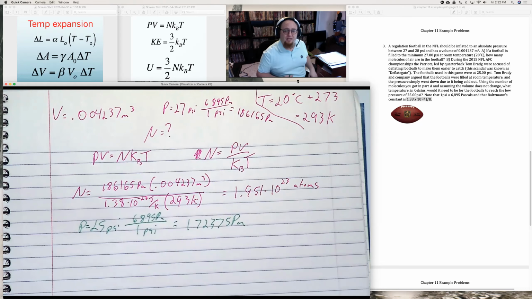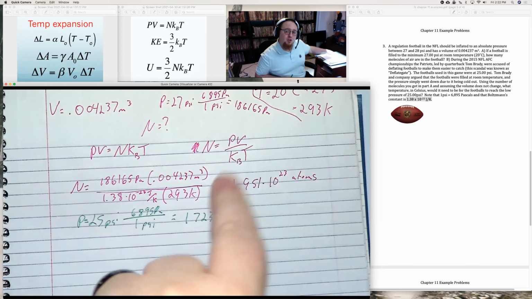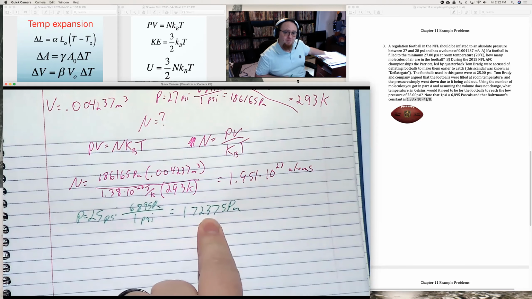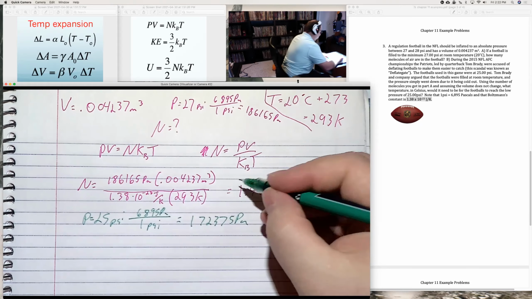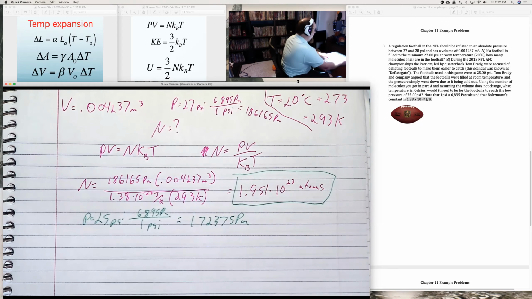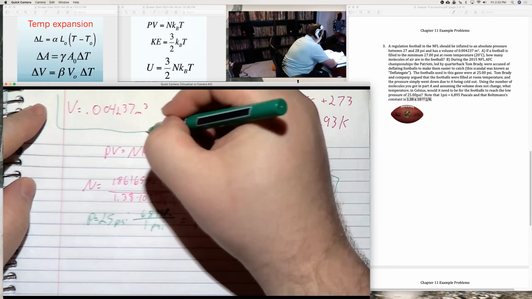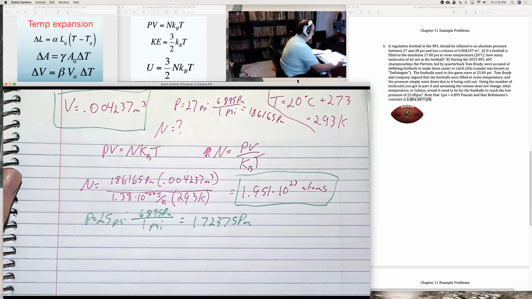Let's say we bring them outside. What temperature would it need to be outside for this to be true? I'm going to say N doesn't change. This is still N, and the volume of the football doesn't change. This is still V. I'll solve for my new T.